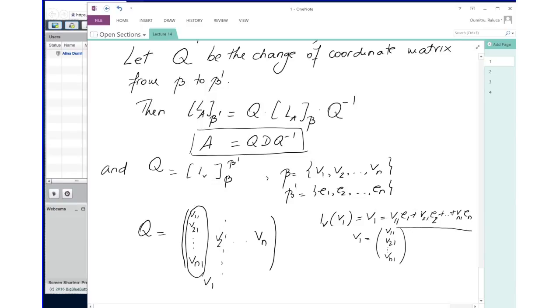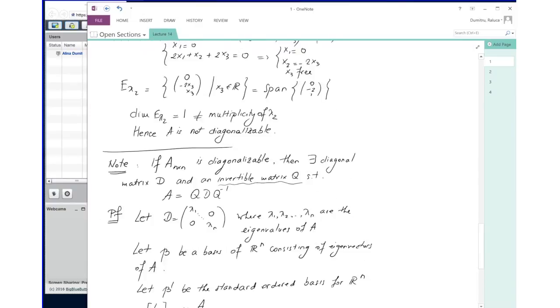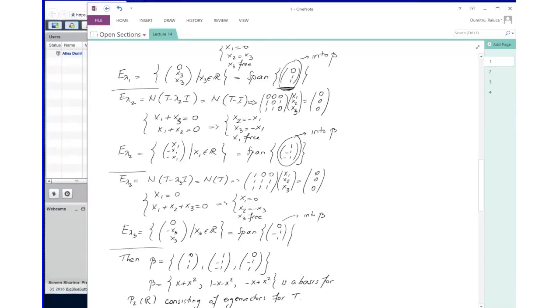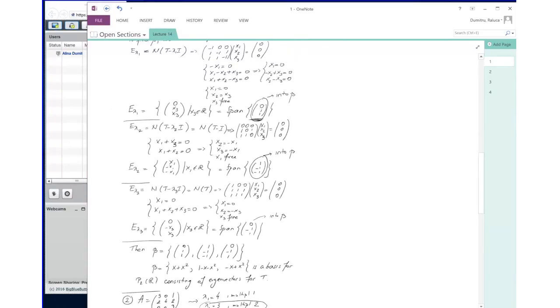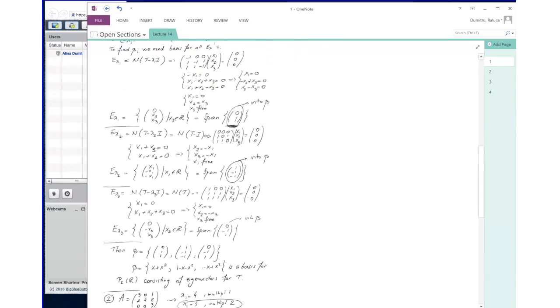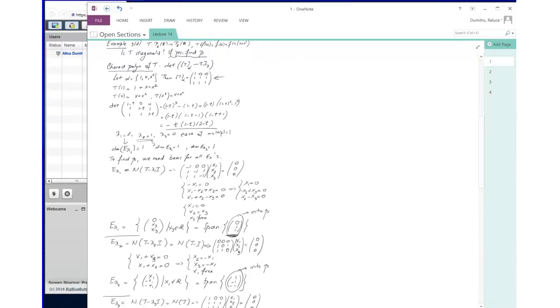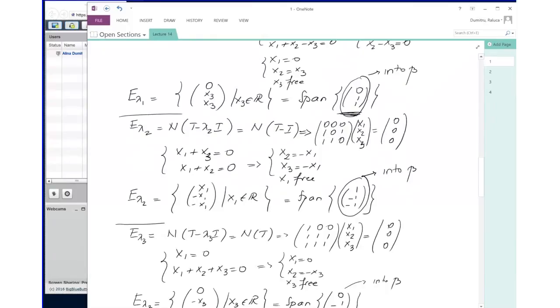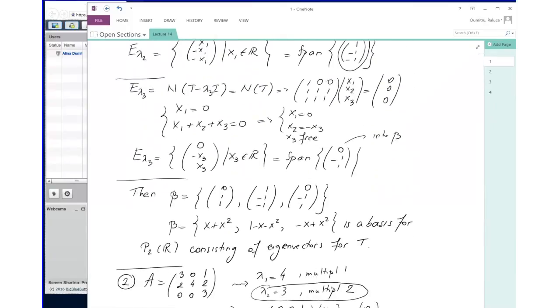So let me go back to the only example that we computed entirely, which was this one here, which you can't see if I make it that small. This is where we found beta, right?